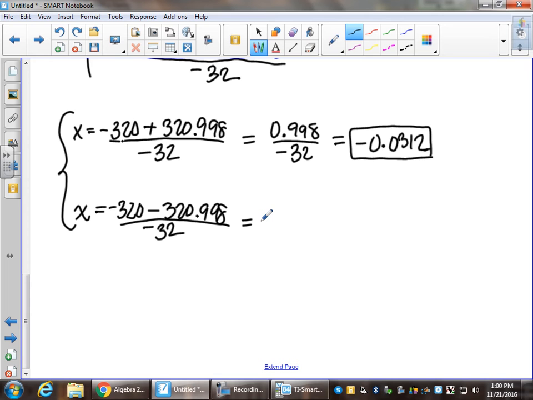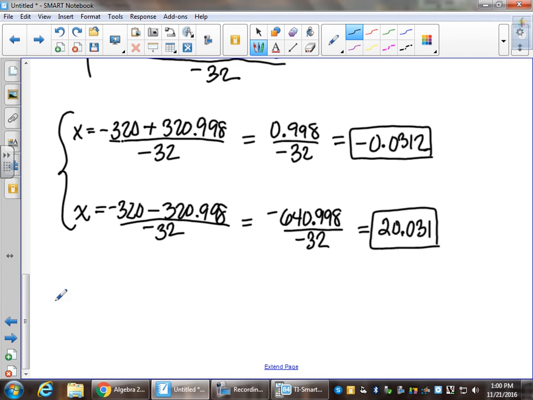So negative 320 minus 320.998 gets us negative 640.998 divided by negative 32. Go ahead and do that in your calculators. We'll get 20.031.